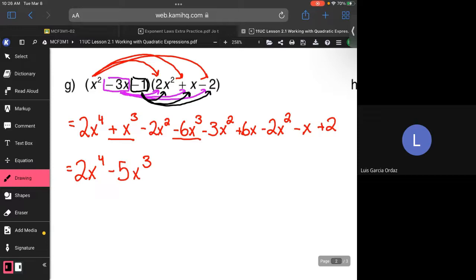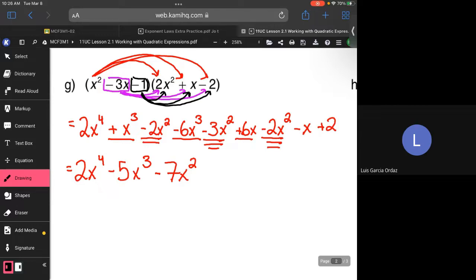How many like terms does x squared have? 3. What are they? -2x squared, -3x squared, and -2x squared. So what's -2x squared minus 3x squared minus 2x squared? Yep, there we go. And how many like terms does my x have? 2.